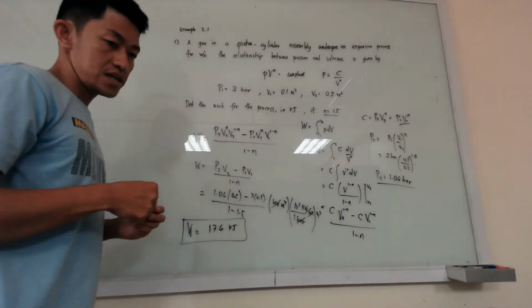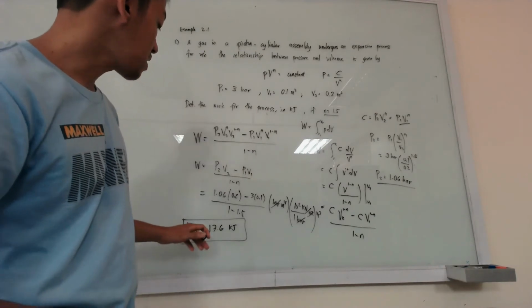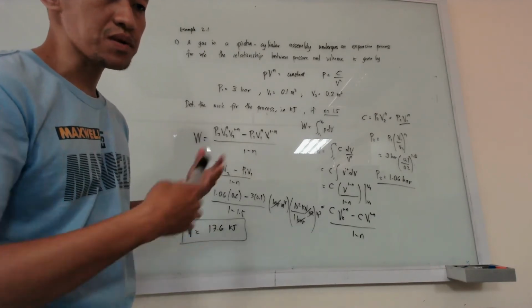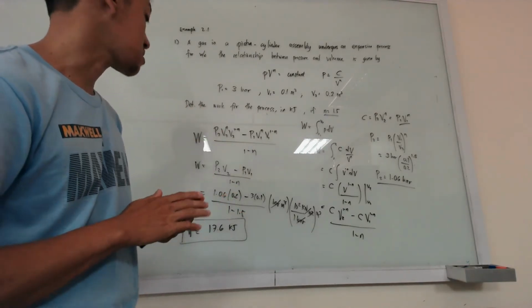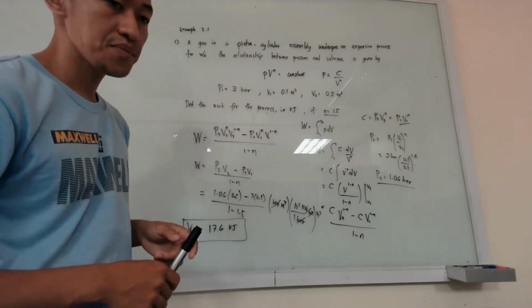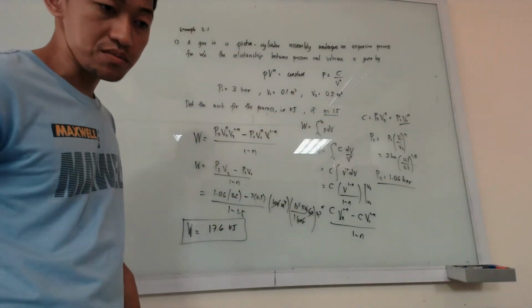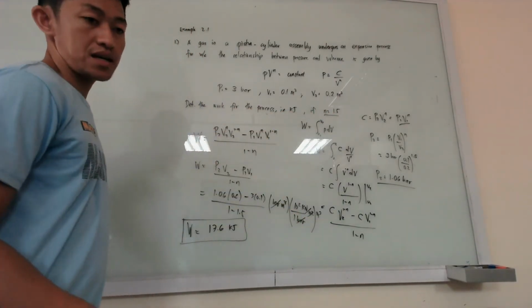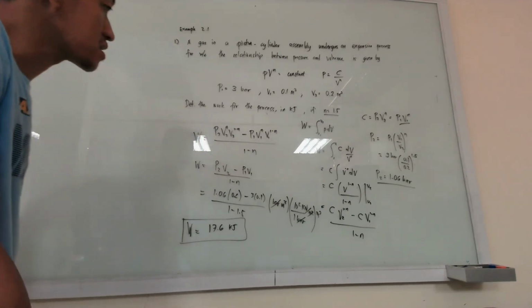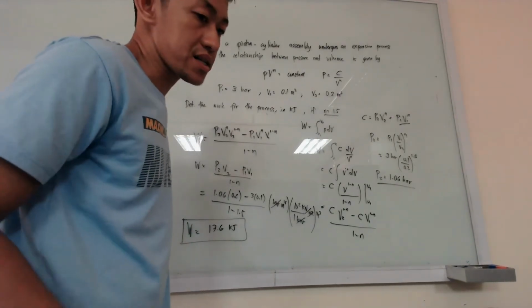The value is positive because this is expansion, or work done by the system. There is a book, you can solve it yourself. It is easy to understand, you just need to practice.